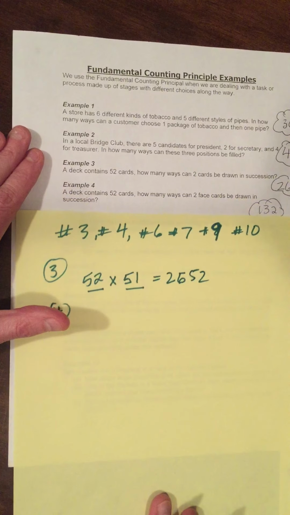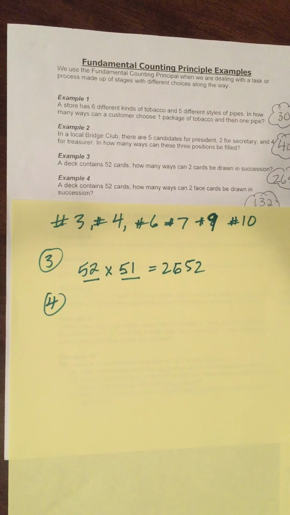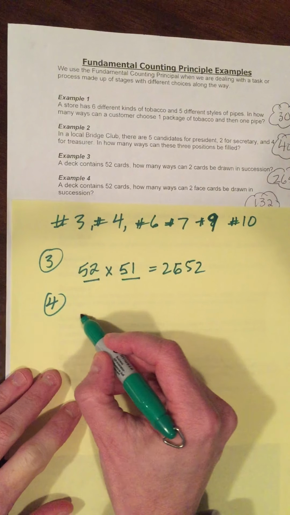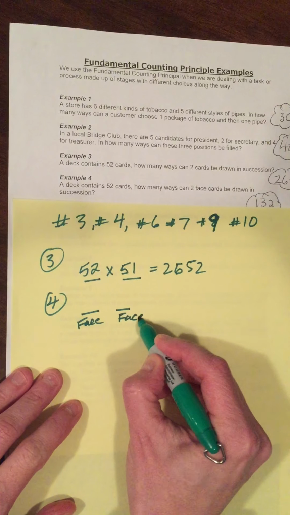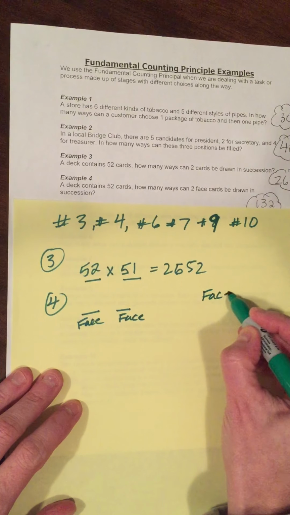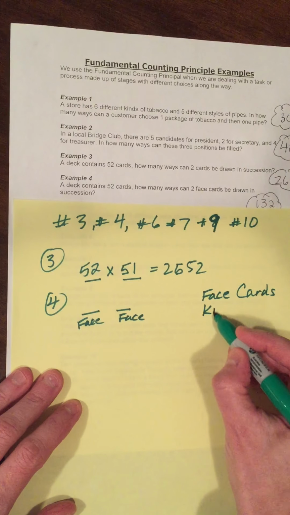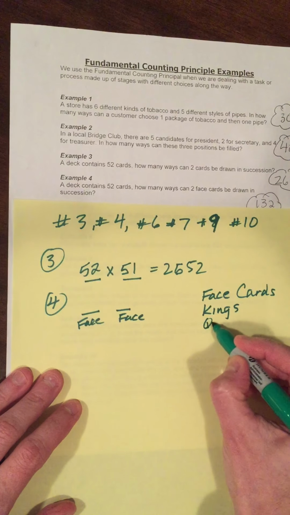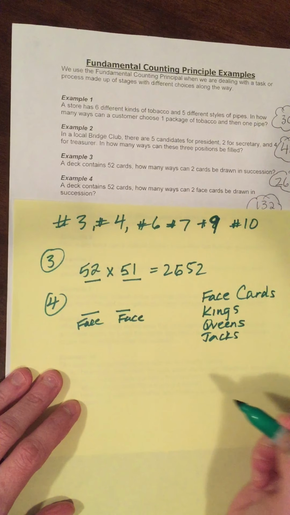Now, where there ends up being a little bit of confusion in question 4 is that it's the same question. A deck of cards contains 52 cards. How many ways can 2 face cards be drawn? So when we talk about face cards, we're talking about kings, queens, and jacks only.